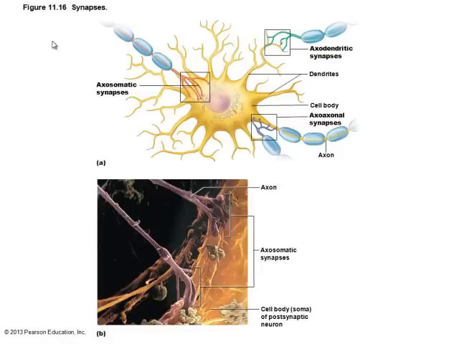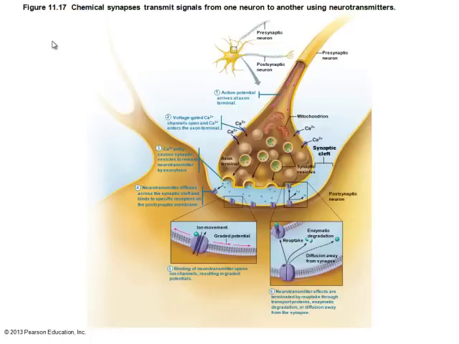We can have electrical synapses, so there's actually a change in voltage that passes from one to the next. The one we've been talking a whole heck of a lot about today is a chemical synapse. So we see chemicals passing from the axon of one through the space to the dendrites, or whatever we happen to be talking about, of the next neuron in line.